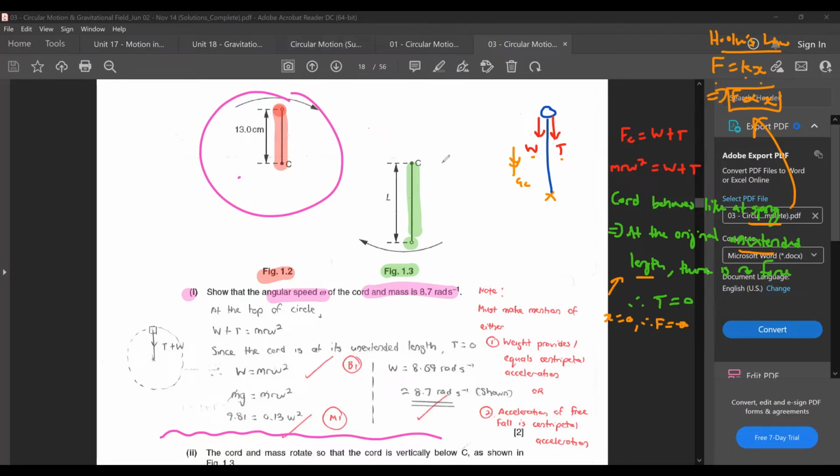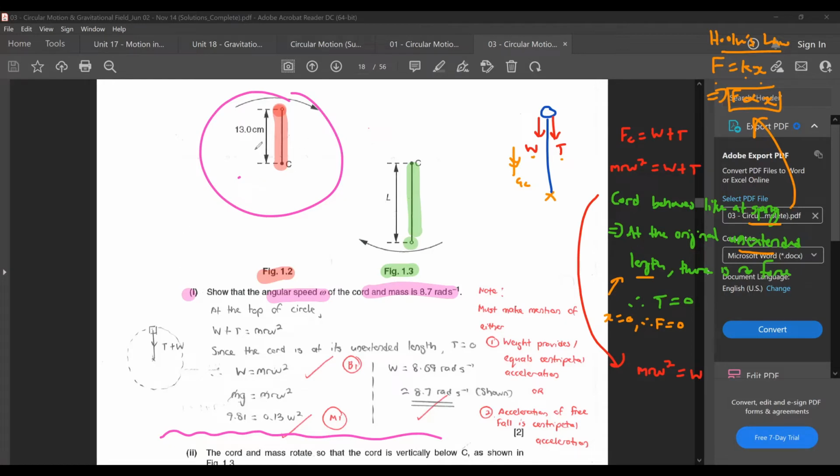In your case, your F here is actually the tension in your chord, which will also be exerted onto your mass. So that would mean that your original equation will now become m r omega squared equals W only.